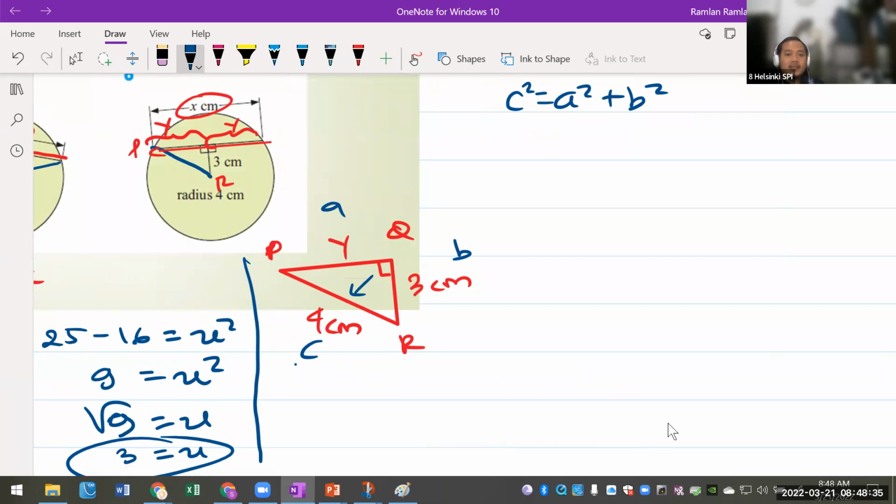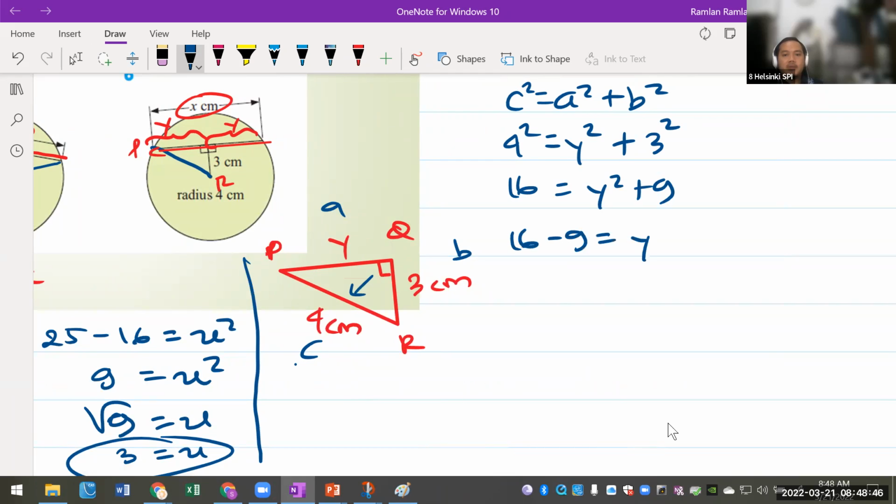We know that C is 4. So 4 squared equals Y squared plus 3 squared, that will be 16 equals Y squared plus 9. So 16 minus 9 equals Y squared, 7 equals Y squared. Y is going to be the square root of 7.